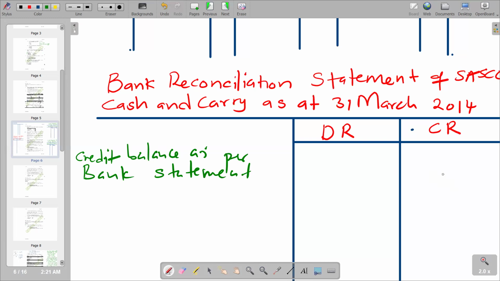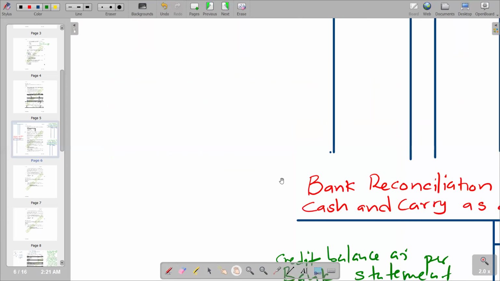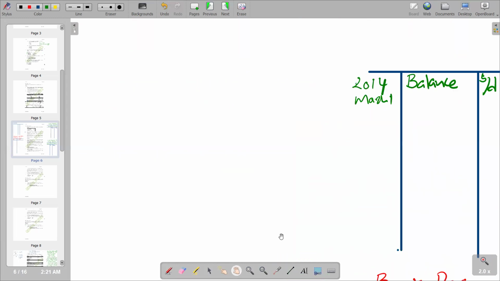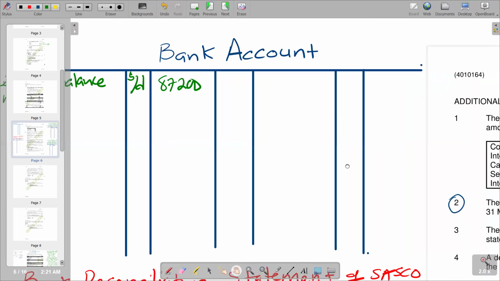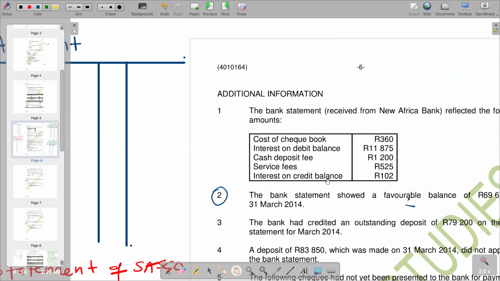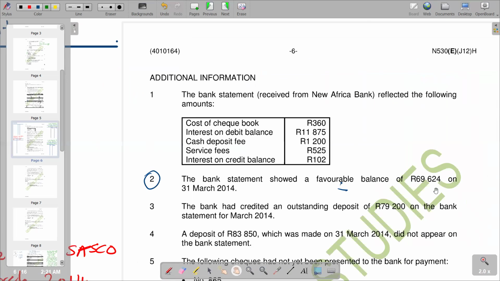Remember the balance that we have there, we can just check that balance again. We are given it here. So the balance that we're talking about is here, 69,624.